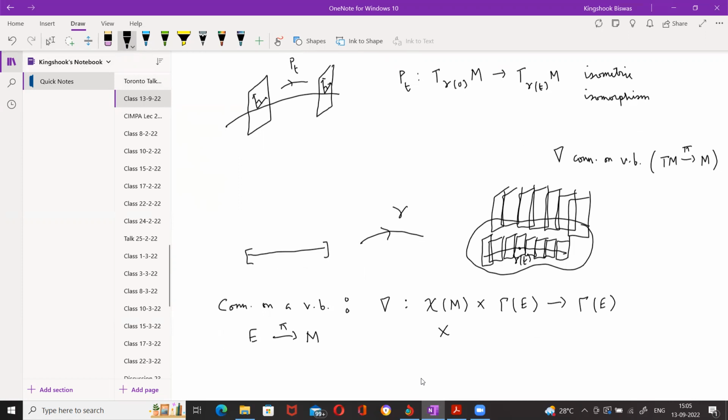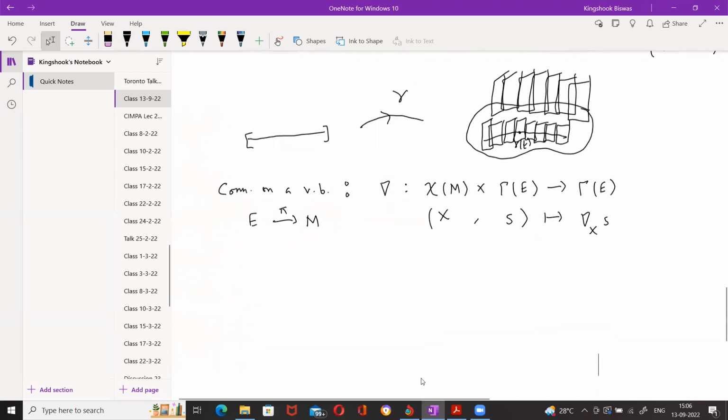So X, comma S, where S is a section, goes to nabla sub X of S. This nabla sub X of S you think of as the derivative of the section in the direction of the tangent vector X. Do you understand? Yes.